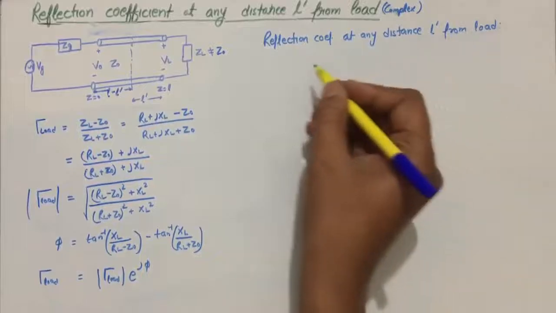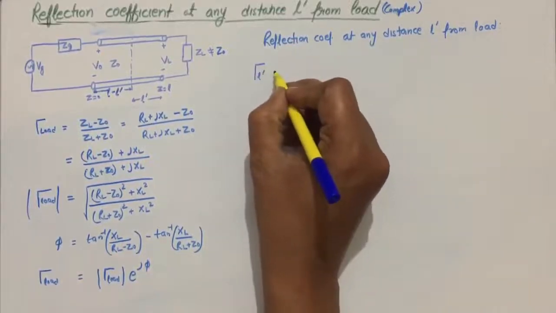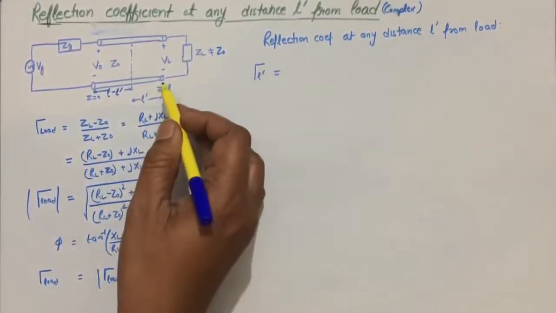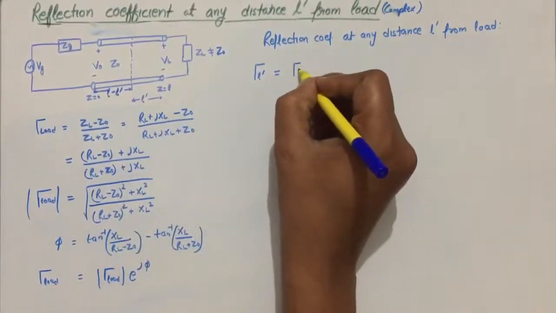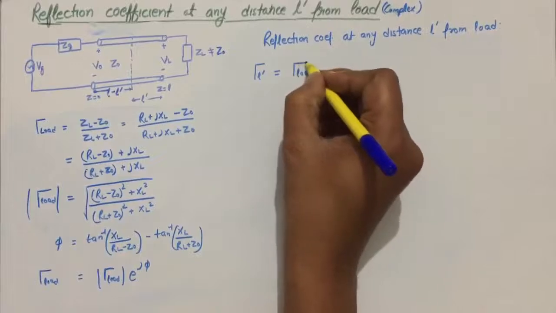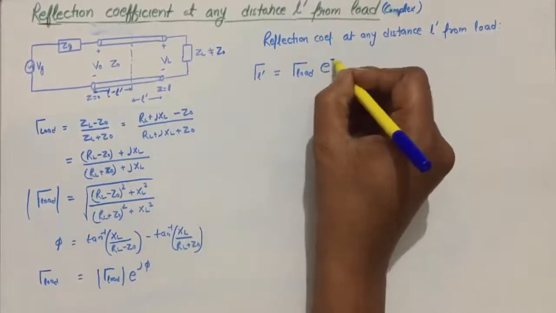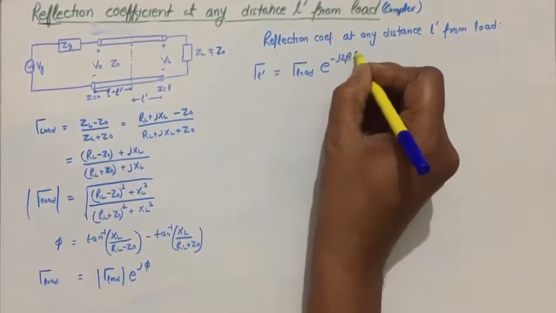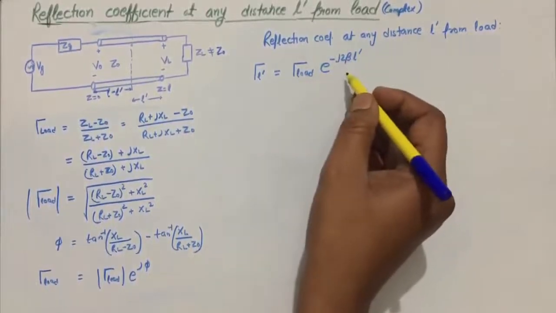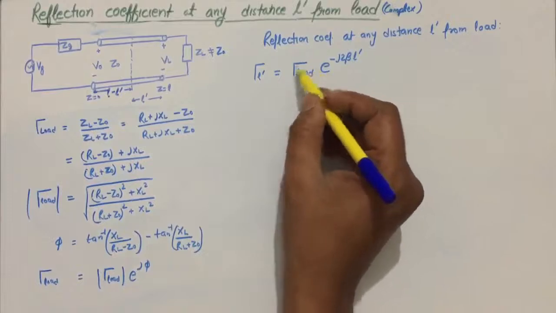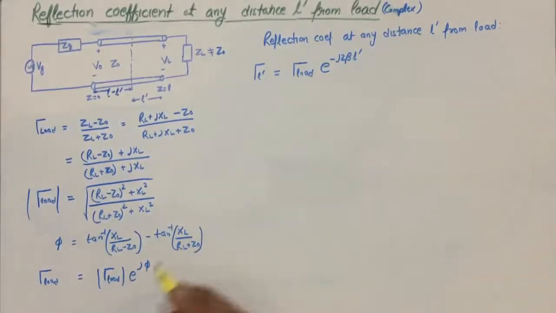So in that case the reflection coefficient we will take from here. So gamma at L dash will be equal to gamma load, as we have done in the previous case, times e to the power minus j 2 beta L dash. If you remember, the formula was this, and we can place it like that.